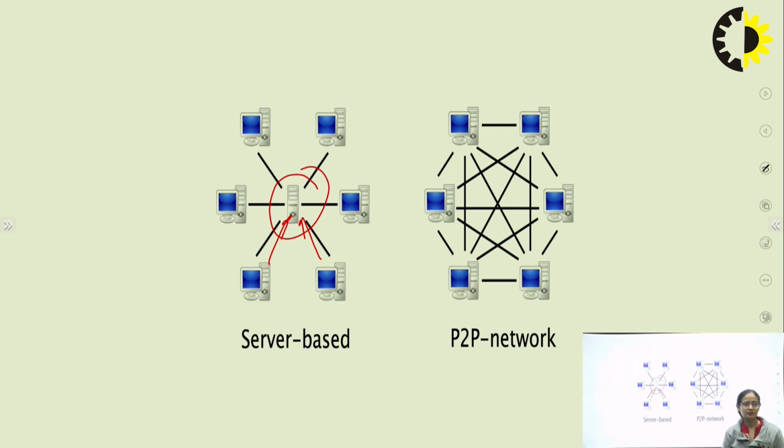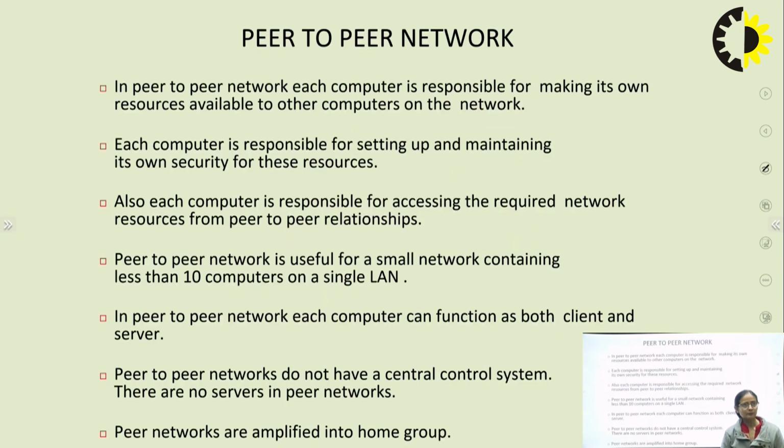They are connected among themselves, and they can directly talk with each other. Whereas in the case of the server-based, the clients which are connected with the server cannot interact directly. They need the server in between to help them communicate. So in the case of the peer-to-peer network, each computer is responsible for making its own resources available to other computers on the network.